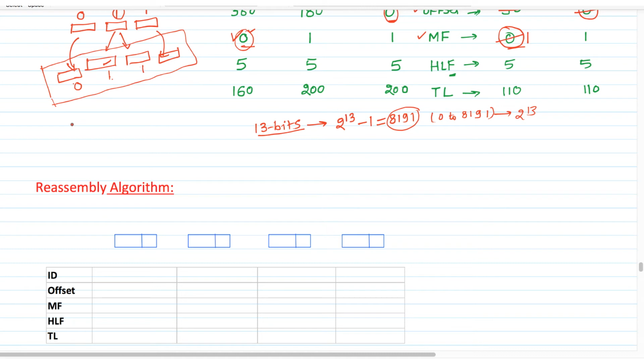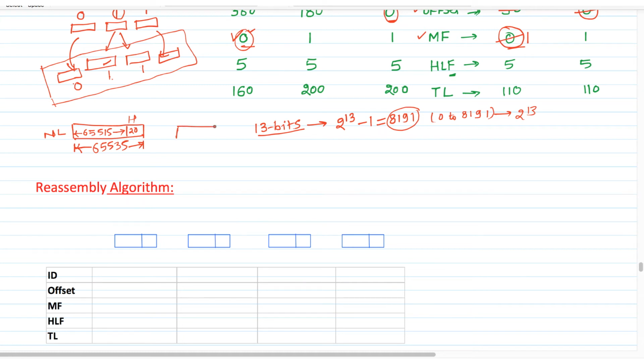And as we know, at the network layer the total length of a datagram can be 65535 bytes. If 20 bytes are allotted to the header, then the network layer can have 65515 bytes of data.